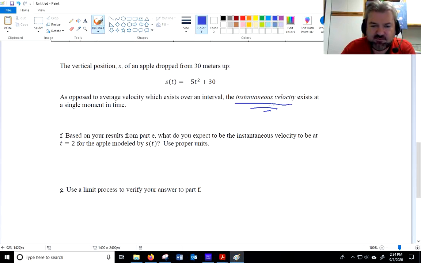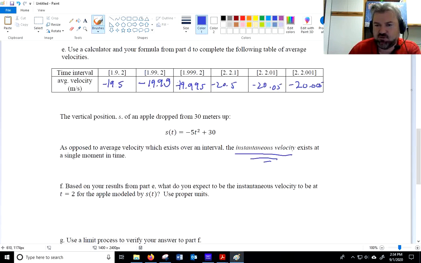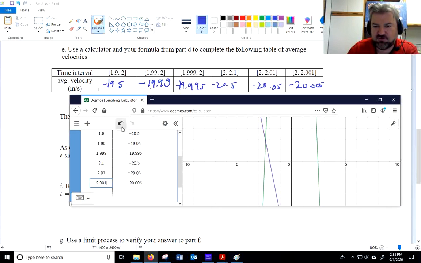So in our table, we were looking at rates of change over intervals. But could we use this to make a prediction about what we think the instantaneous velocity is? Certainly as we get smaller and smaller units of change, it looks like we're getting closer and closer to negative 20. So let's try 2.00001.